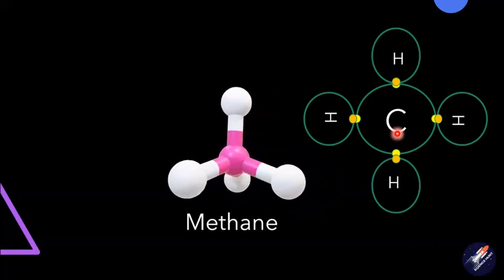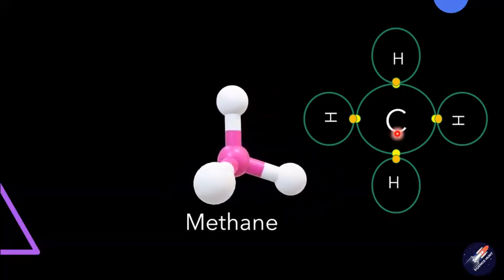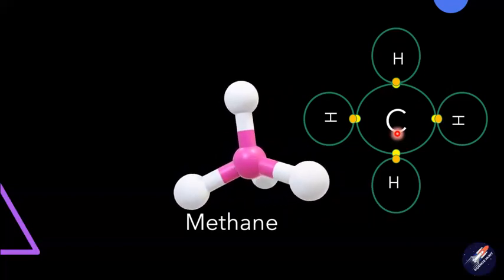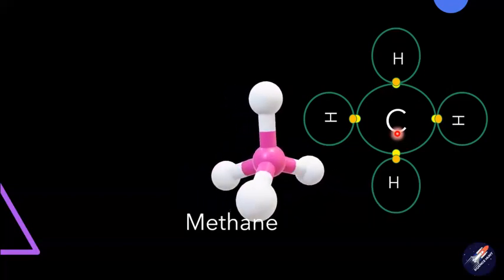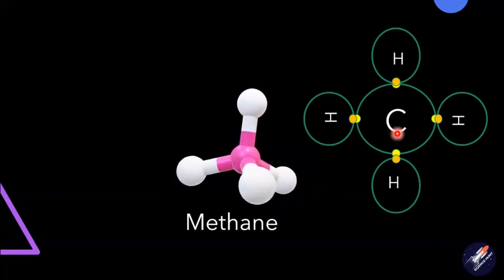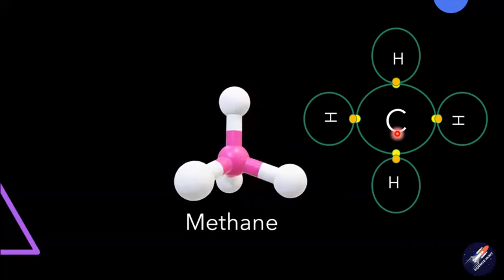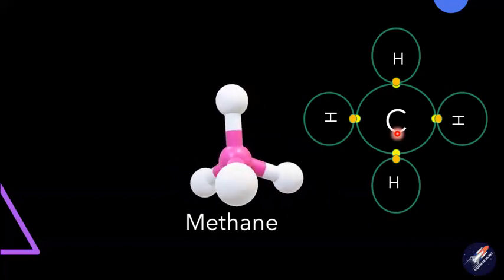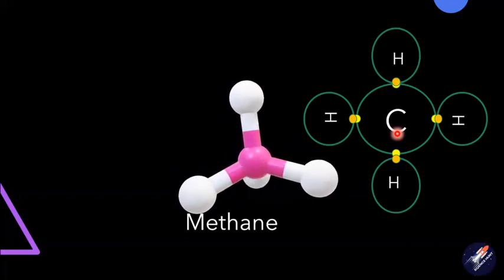By the IUPAC nomenclature, 1 carbon atom means meth, 2 carbon atoms means eth, and so on and so forth, like 5 carbon atoms pent, 4 carbon atoms but. Those are all prefixes.